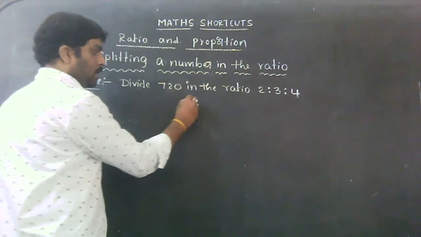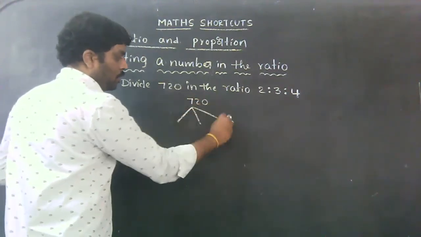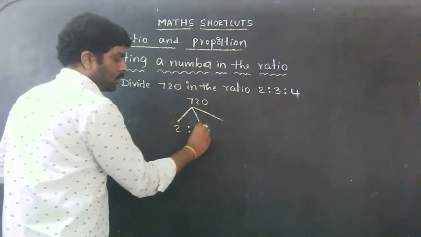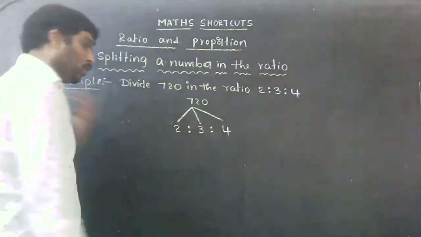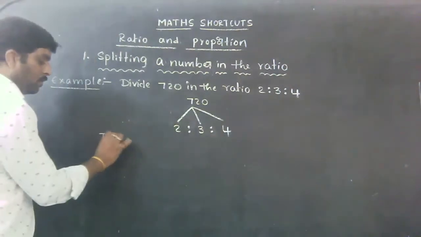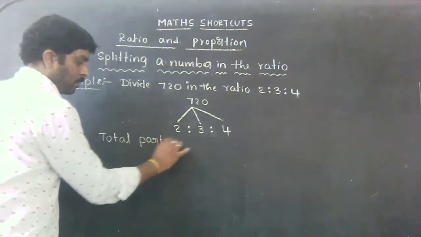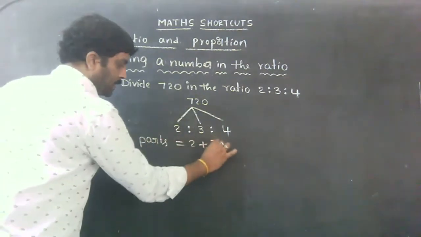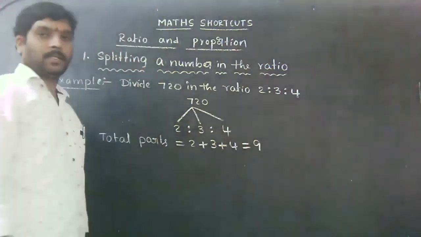Now 720 should be divided in the ratio 2:3:4. Now total parts: 2 plus 3 plus 4, that is 9 parts.